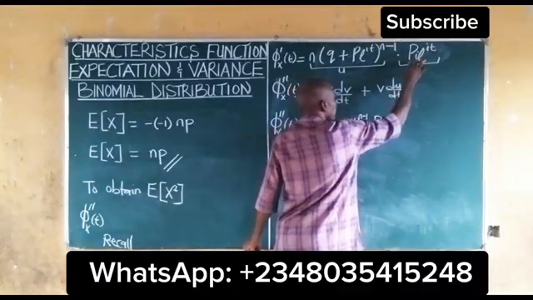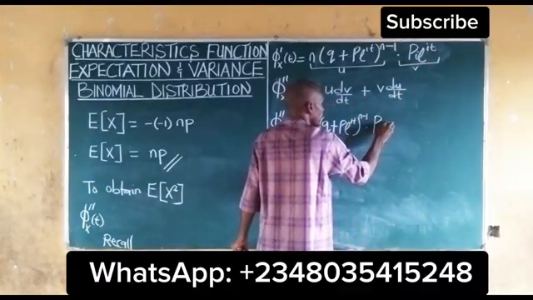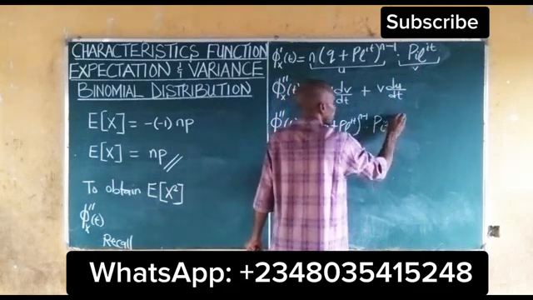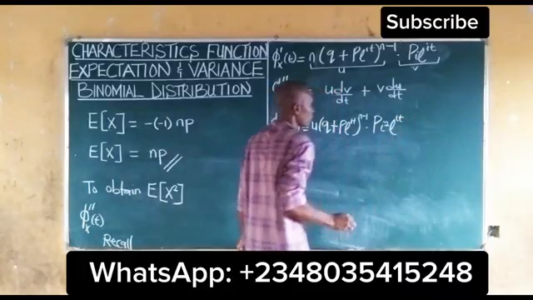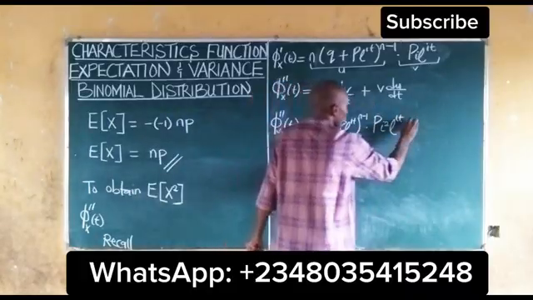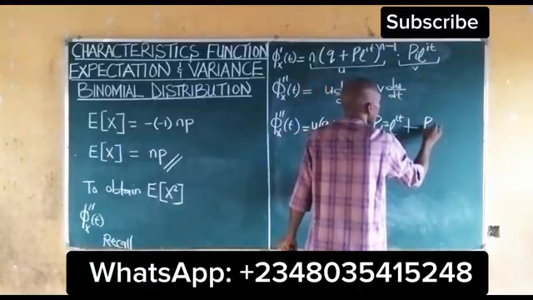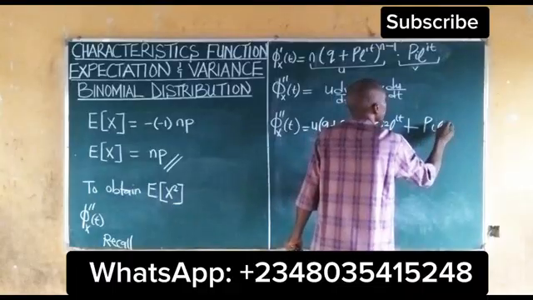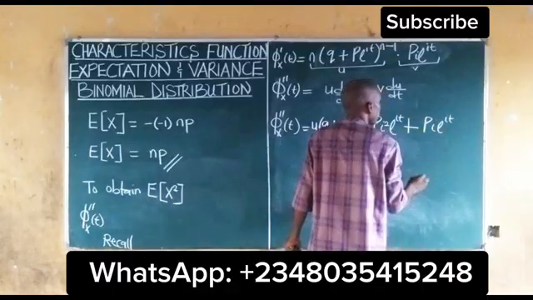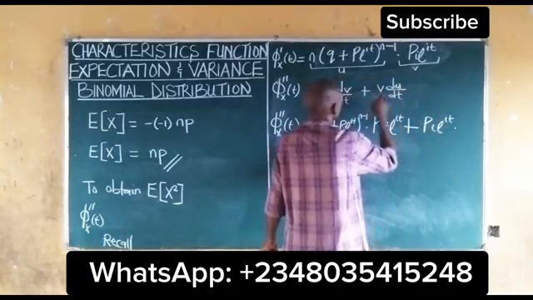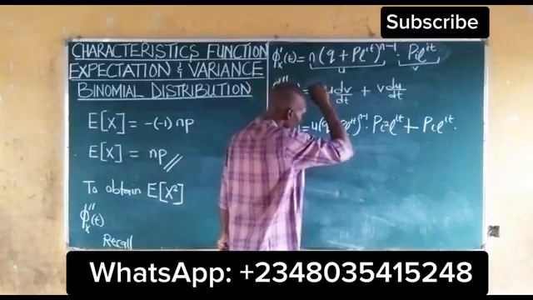Of course, the characteristic function will come again to make this i squared. Then we have exponential it, plus our v, we bring down our v, pie^{it} multiplied by du/dt. That means to differentiate this, du/dt.